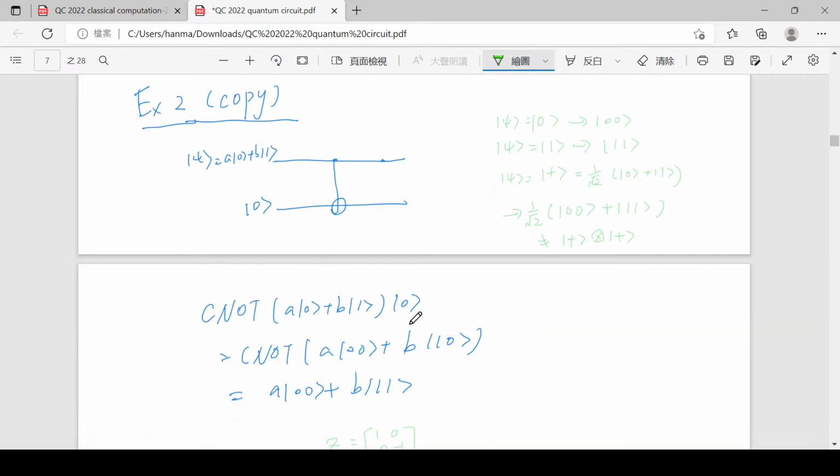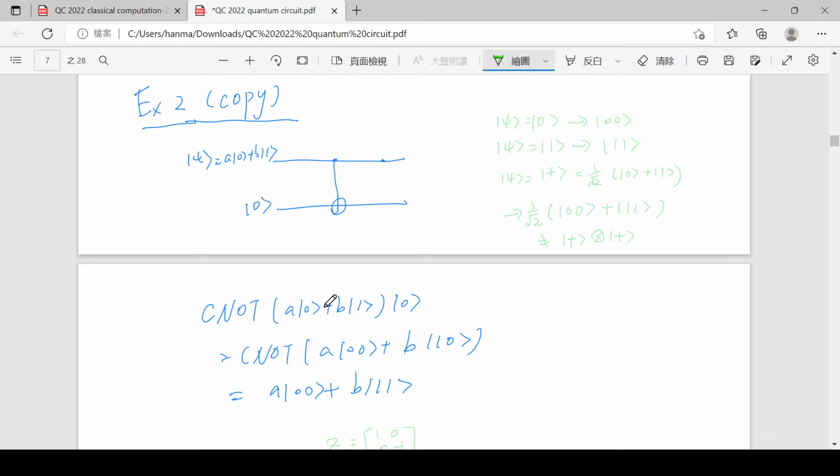Let's first see how this works on a general state. If psi equals A0 plus B1, this is more general than the plus example we have seen, so you have A0 plus B1, and 0 here.